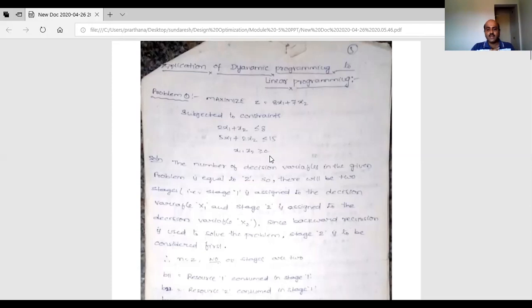Variables here mean decision variables. Always, the word variables in this chapter refers to the decision variables. So in this problem, the number of decision variables is 2. The function is Z equal to 8x1 plus 7x2, so there are two decision variables.